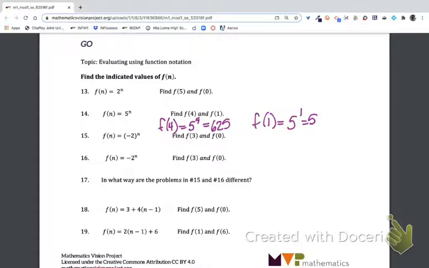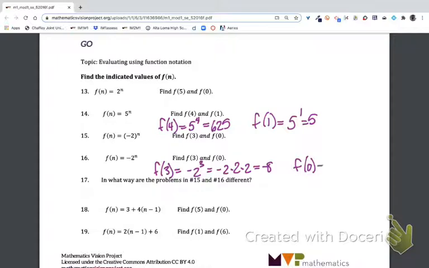Number 16. You're trying to find f of 3. So the third term, we'll take that -2 to the third. Now this negative hanging out in front here does not belong to the exponent. So how we can write this is -2 times 2 times 2, which would give me a -8.